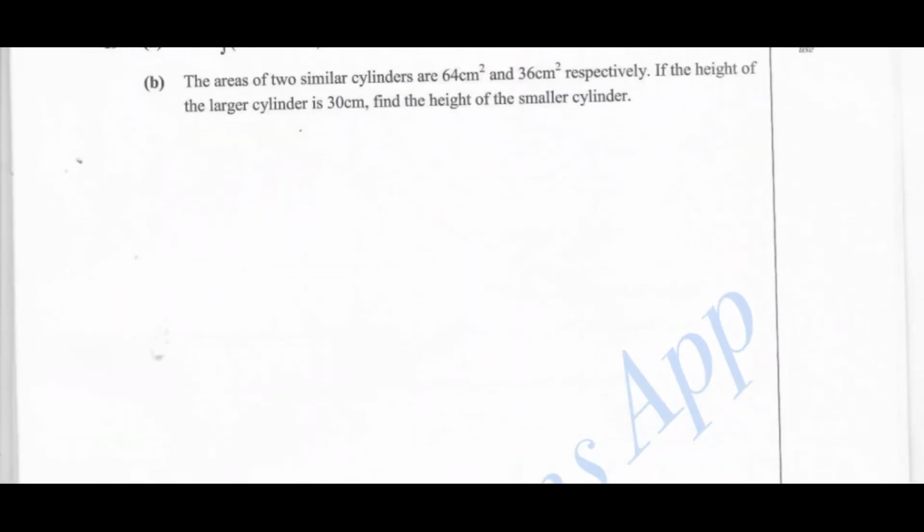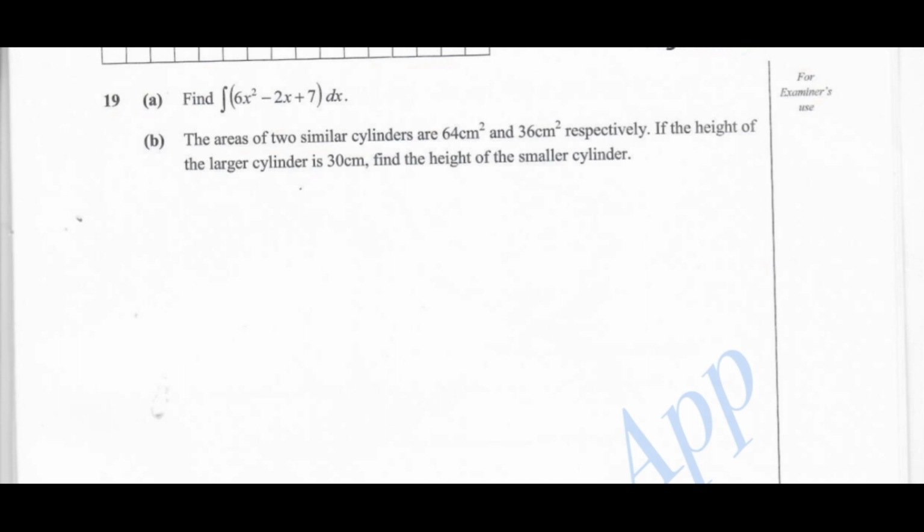Question 19. We want to find now the integral. So integration, you add 1 to the power. And this is an indefinite integral. So how do you integrate this one? So say 6x raised to the power 2 plus 1 over 2 plus 1, minus 2x raised to the power 1 plus 1 over 1 plus 1.